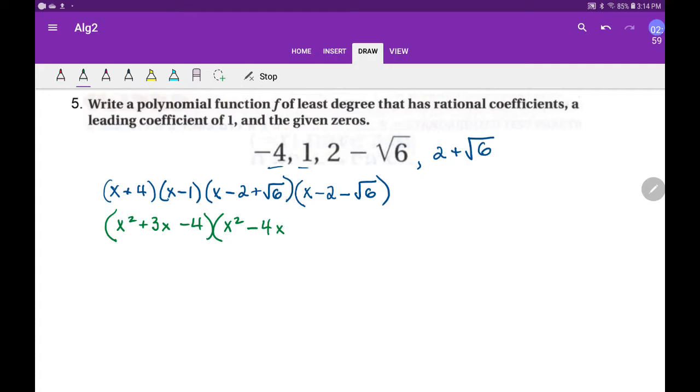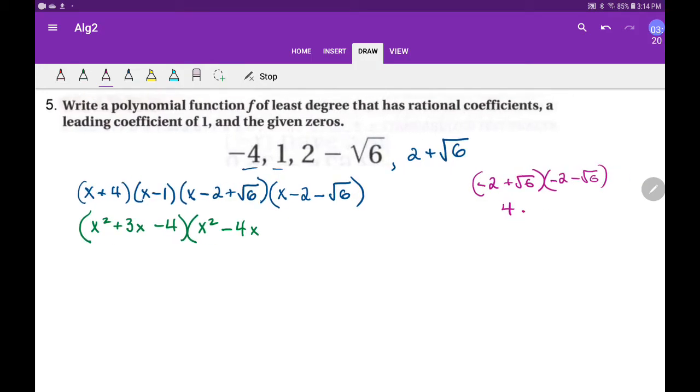And then finally, I'm going to take a little detour over here, and I'm going to say, what happens when I say negative 2 plus square root of 6? Now I'm going to use parentheses. Negative 2 minus square root of 6. Well, what happens is I get a 4, no middle term, and negative 6, right? Because square root of 6 times square root of 6 is 6, and it's a different sign. So from that business over there, I'm going to get a negative 2.